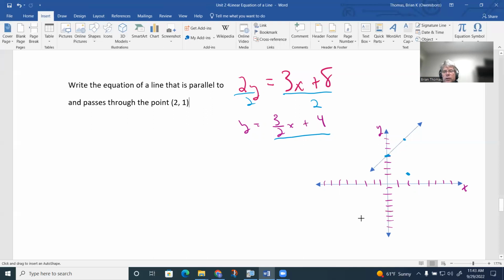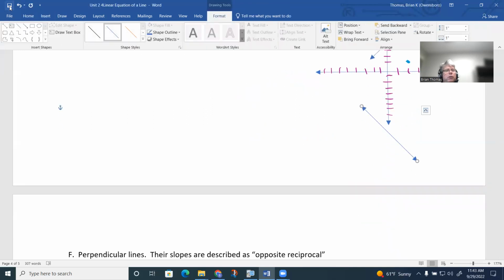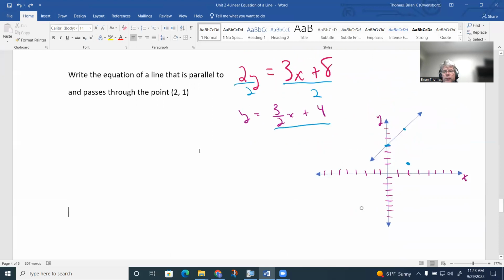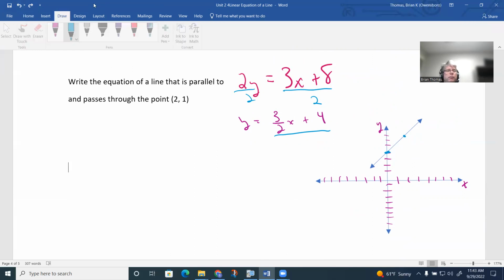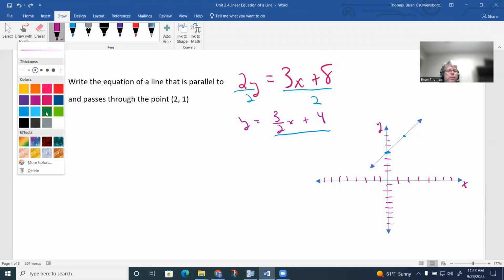So we need this point, at this point (2, 1).